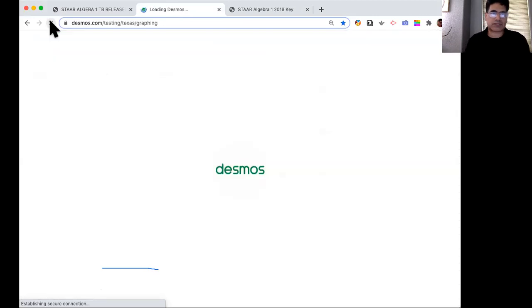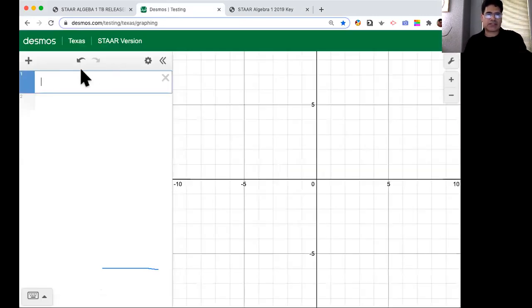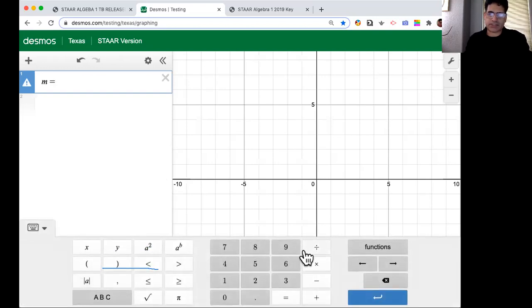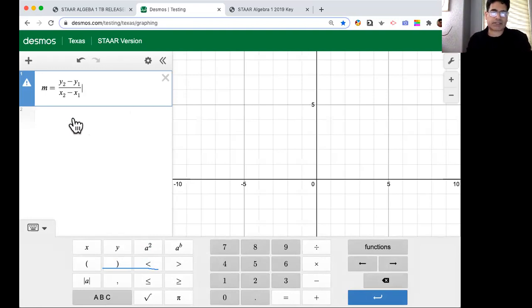Remember that from the formula sheet, it's m equals a fraction that is the change in y, y2 minus y1, and it's over x2 minus x1. So that's the formula, and that's in your formula sheet. You can look back to that. So we just put that there to remind ourselves.